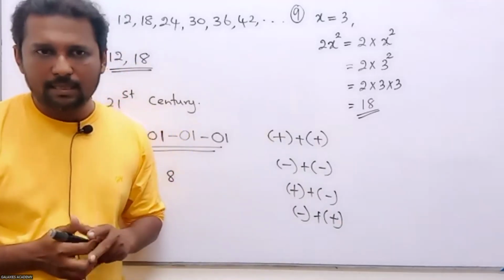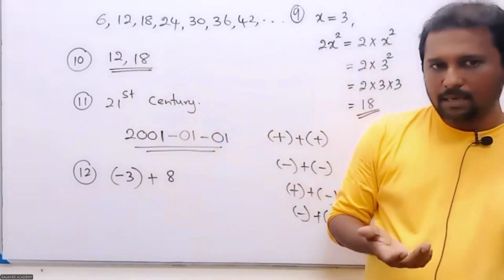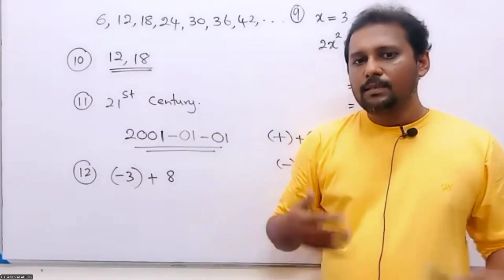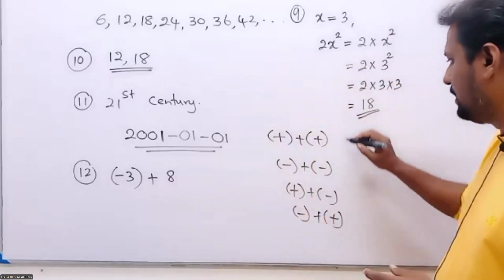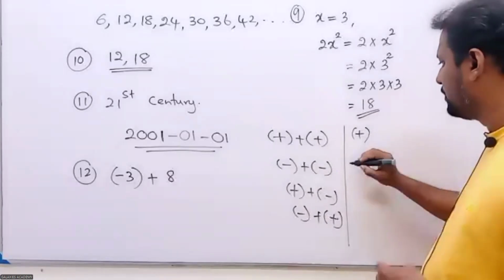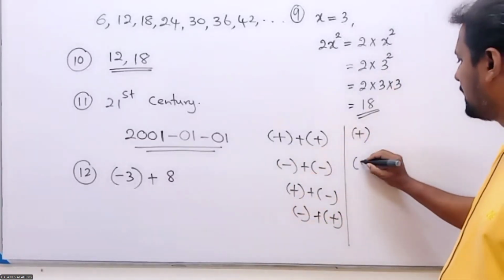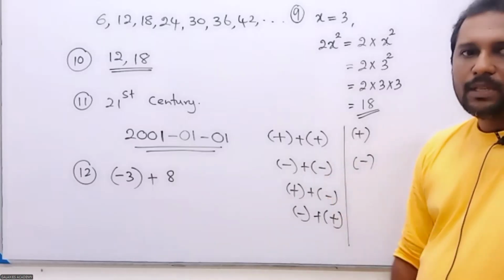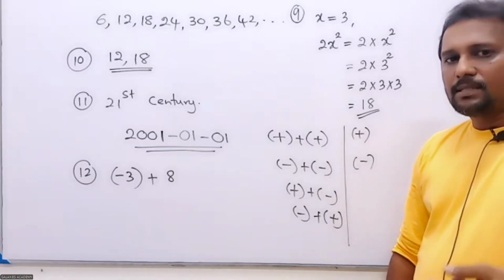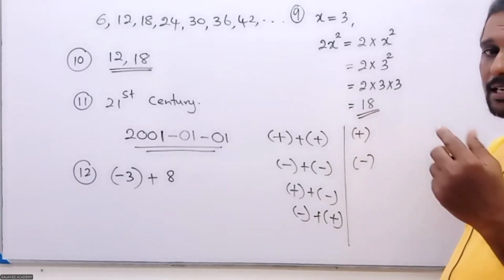When you add the same types, your answer sign should be the same sign, no? If you add positive and positive numbers, your answer is positive. If you add negative and negative numbers, your answer should be negative. If you add different signs, positive and negative numbers, your answer sign should be which one?